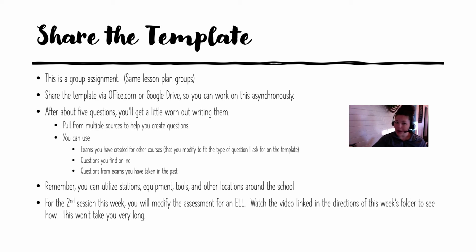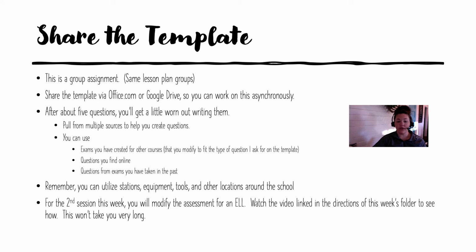Again, you're going to want to modify them to fit the format that I'm asking, or you can pull from questions from exams that you've had in the past, either from high school or your college courses, or even things that you might see like on your content exam and that kind of thing. You can pull from old STAAR questions, from released STAAR exams as well. Again, you're going to have to modify those to fit the kind of question I'm asking you to write.